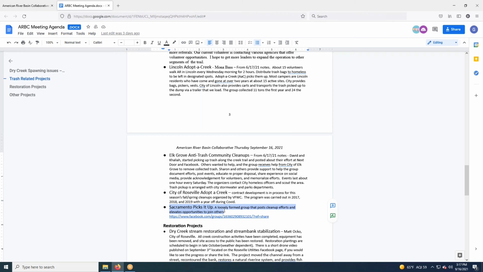The question is whether it's possible for one jurisdiction like Placer County and their PCCP to collaborate with Sac County and City of Sac when we're not seeing fish.